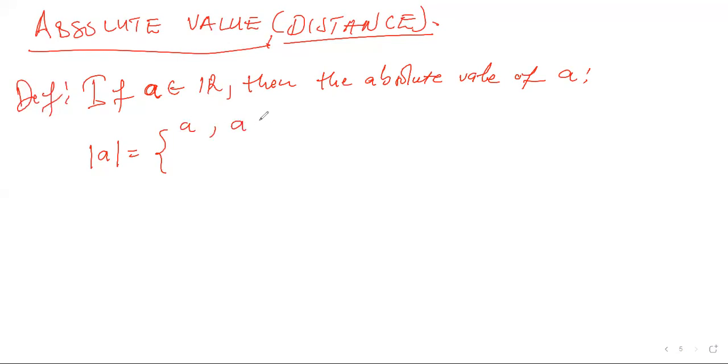That means that here A should be greater than or equal to 0, or it can be negative A if A is strictly less than 0.